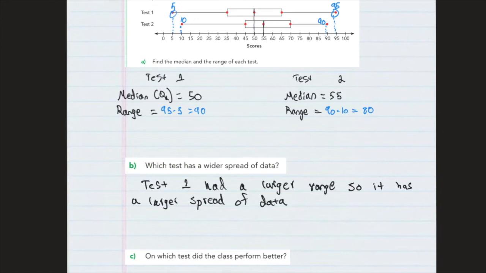Okay, whereas test 2 was more narrow, the range was only 80, so it's not spread out as much.